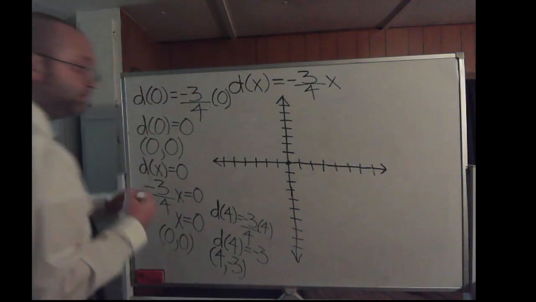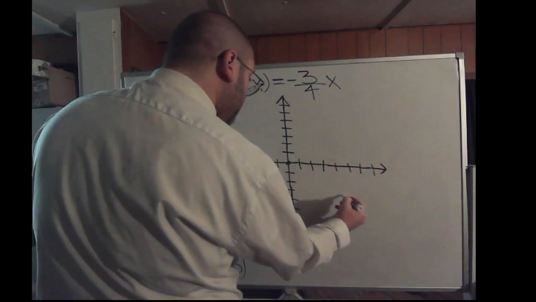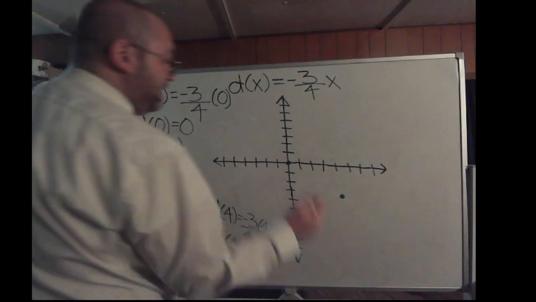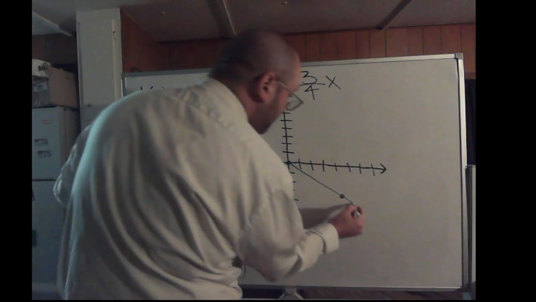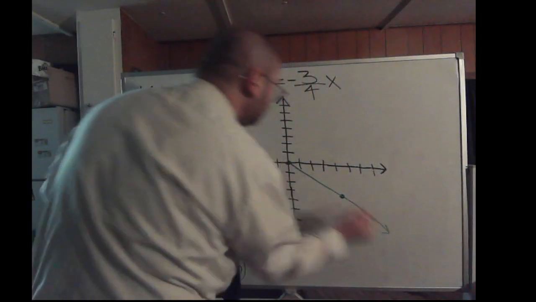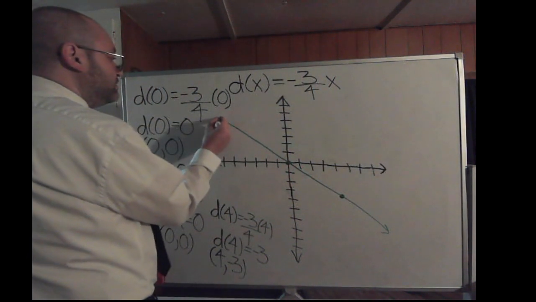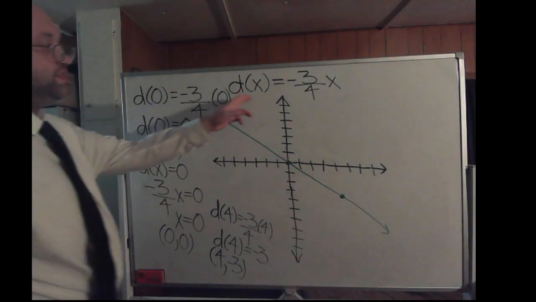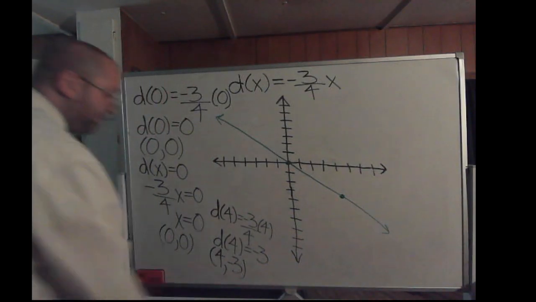So let's go ahead and plot that. Now we have our points. We can go ahead and draw a line. So that there's the graph of d of x equals negative 3/4 x.